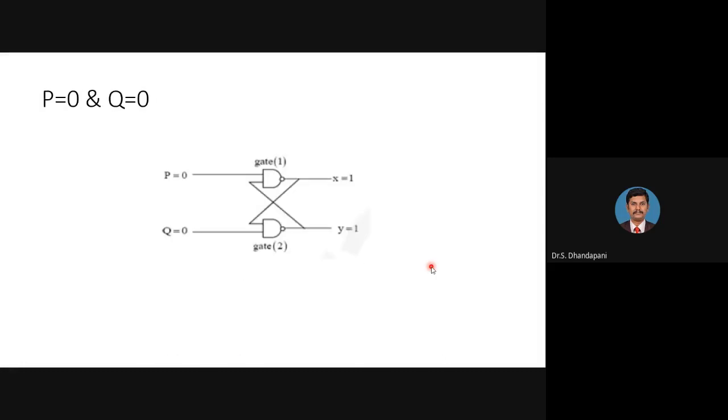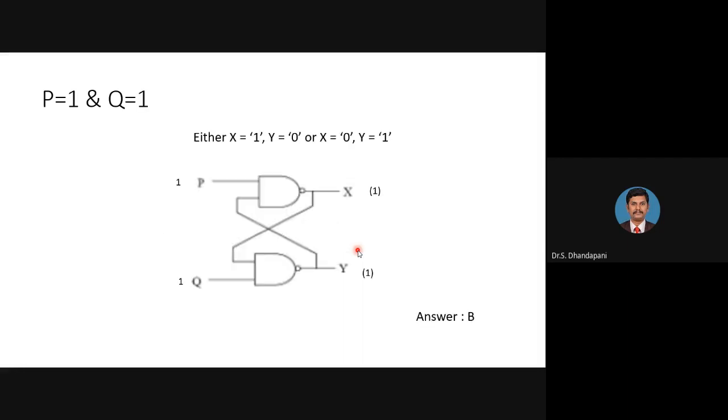This is the initial condition when P equal to 0 and Q equal to 0, output both X and Y equal to 1. I think all of you will be familiar with this case. Now listen carefully to the last case. Suppose this gate is working first with less delay. So this one is taken, that means Y equal to 1. This one comes here, X becomes 0.